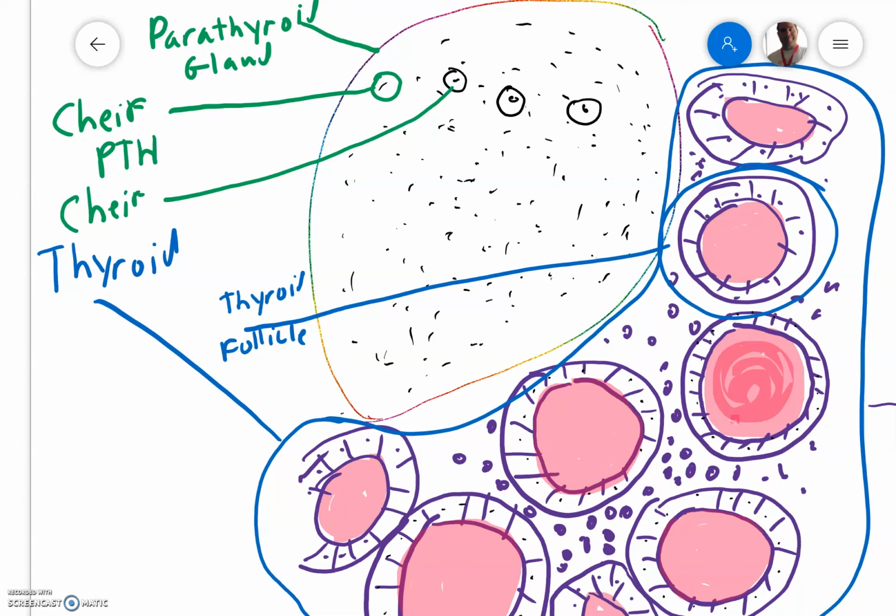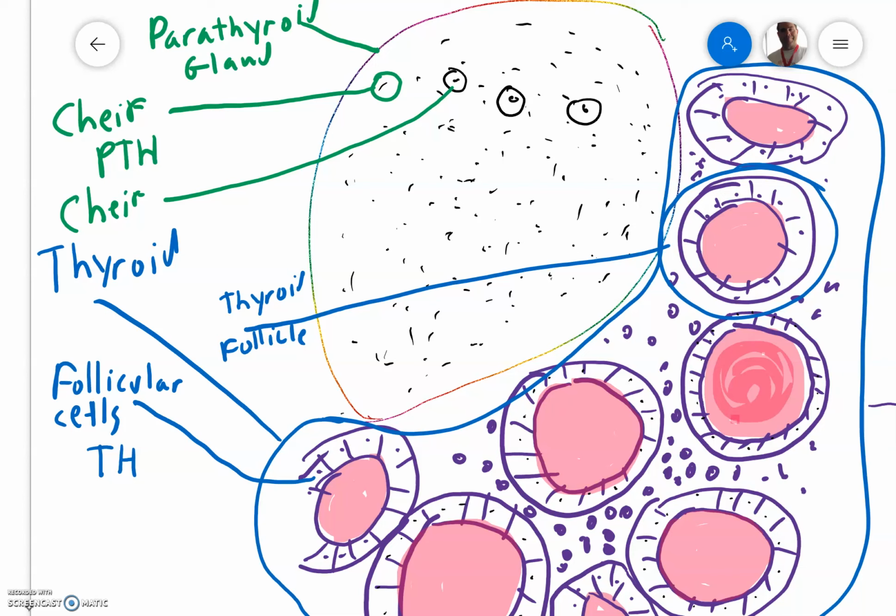And we're not going to worry about labeling the colloid, because I want you to focus on this as a big thyroid follicle. Now, these cells that are surrounding the outside are called follicular, and they make a hormone called thyroid hormone. Thyroid hormone is a metabolic hormone. It increases energy expenditure. It increases cell metabolic rate. It basically speeds up your metabolism.